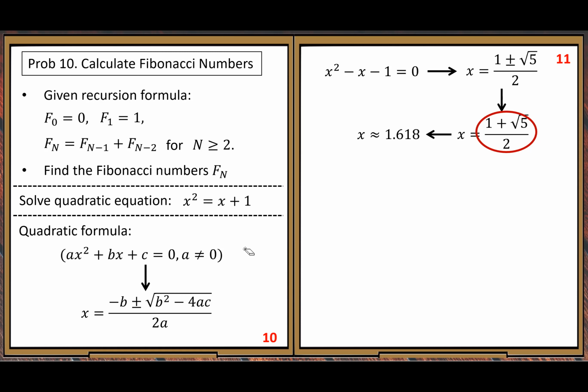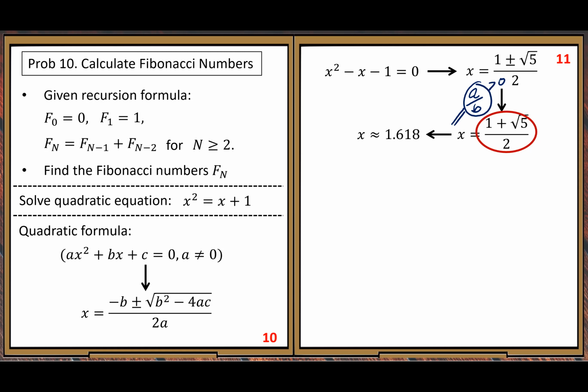The geometric meaning of x is the ratio of a over b, right? Line segment a over b, we know by the geometry, it should be a positive number. So that's the reason we drop the negative value here. The golden ratio cannot be negative, right? So it makes sense.